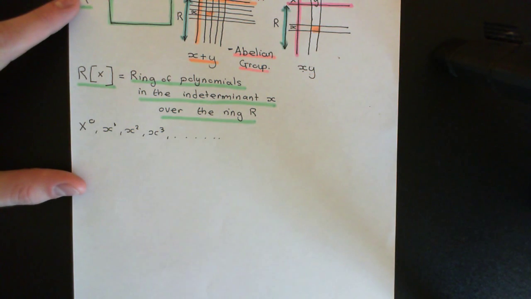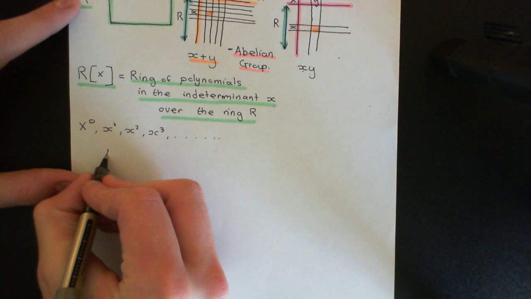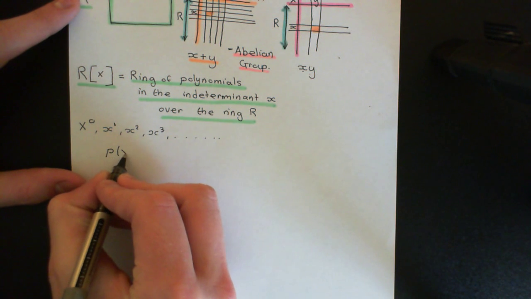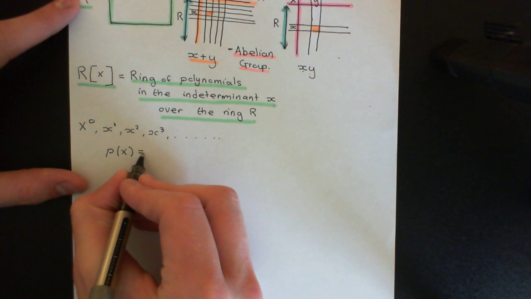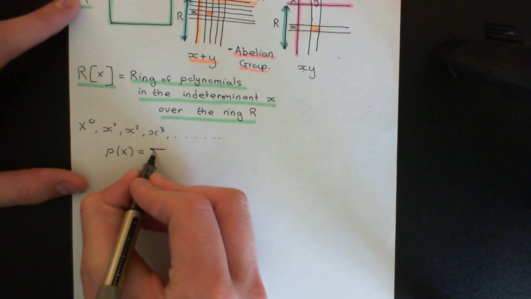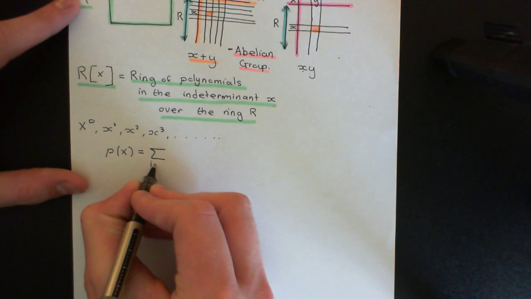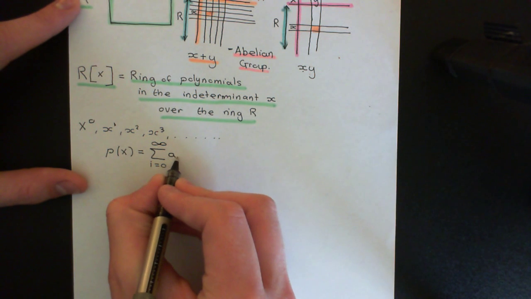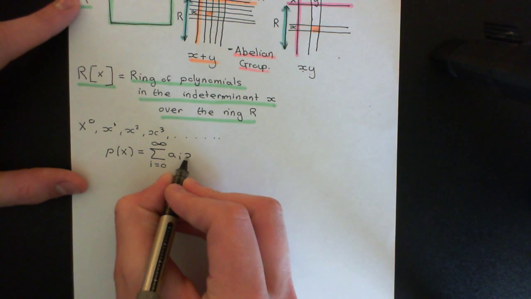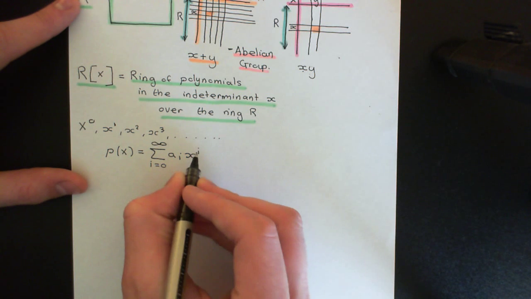So now, what is a polynomial? Here is the formal definition. A polynomial, which we'll denote p(x), is just going to be a symbol that looks like this: a sum from i equals 0 to infinity of things of the form a_i x^i.